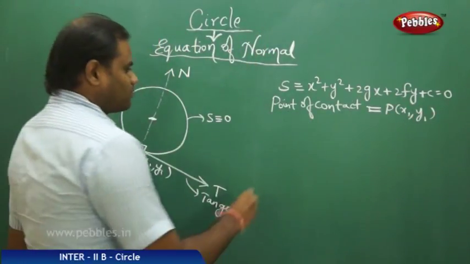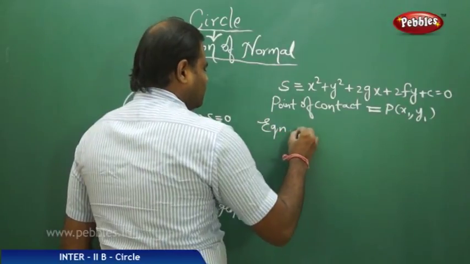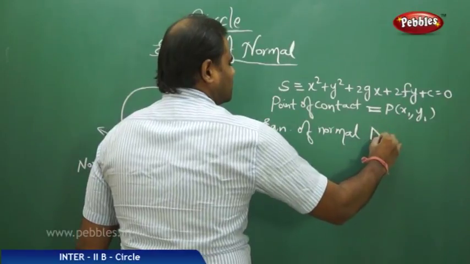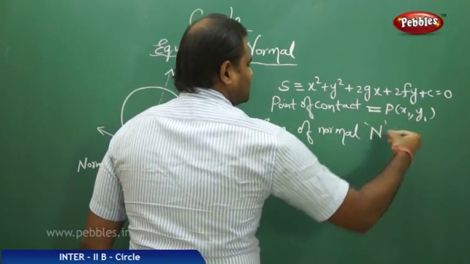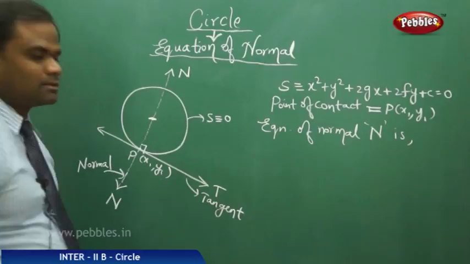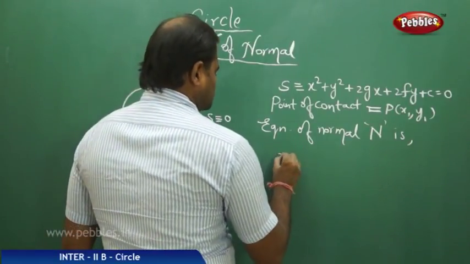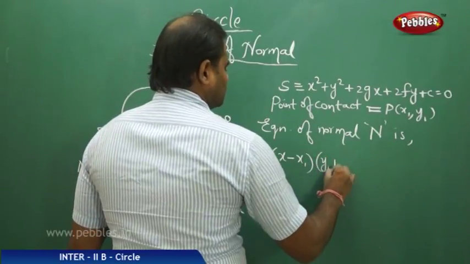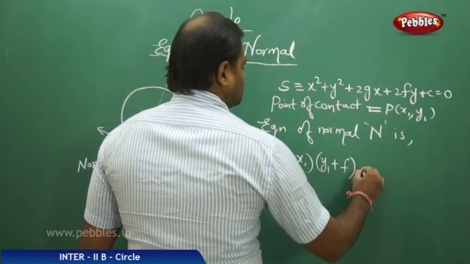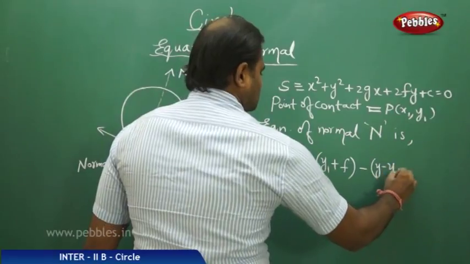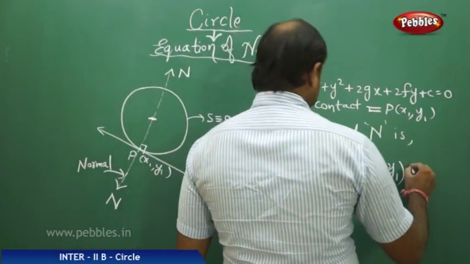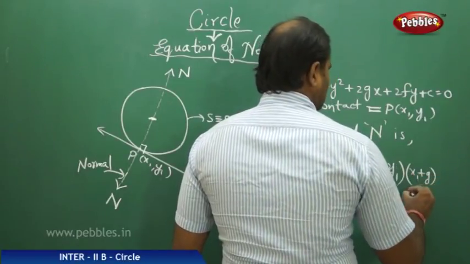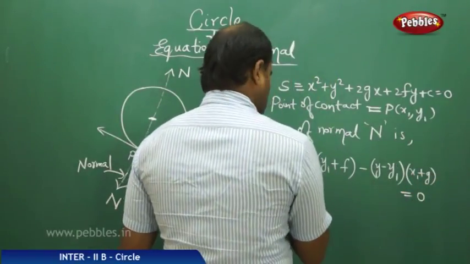For this point of contact, the equation of normal N is given as (x - x1)(y1 + f) - (y - y1)(x1 + g) = 0.